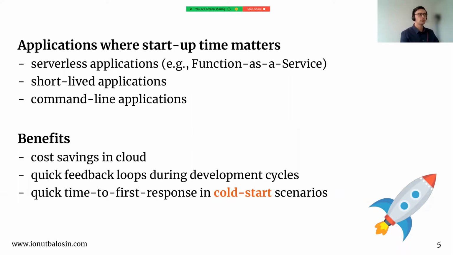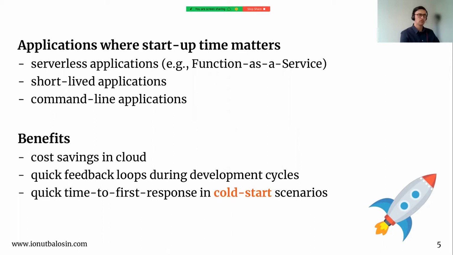for CLI, for command line applications. So if you code something and if you create a command line application, of course you want to start as fast as possible. The benefits are more obvious if we talked about cloud. So mainly we deploy to cloud today, or the majority of us deploy to cloud. It's about cost savings.